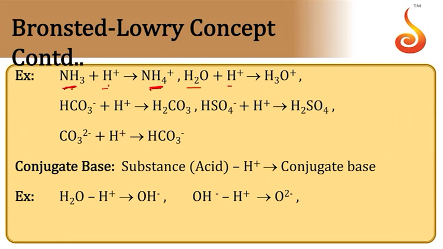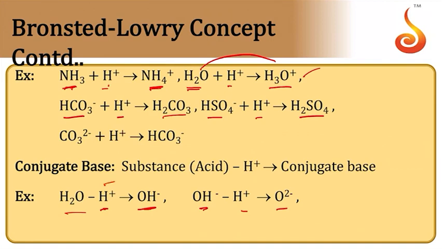Water adding a proton gives the hydronium ion, so water and hydronium ion make a conjugate acid-base pair, in which H3O+ is the acid and H2O is the base. Similarly, HSO4- plus H+ gives H2SO4, the corresponding acid. If you remove a proton, you get the corresponding base: water minus H+ gives OH-, the corresponding base.